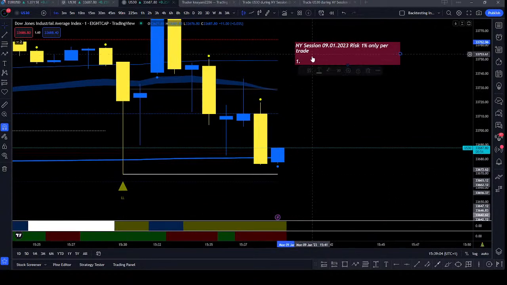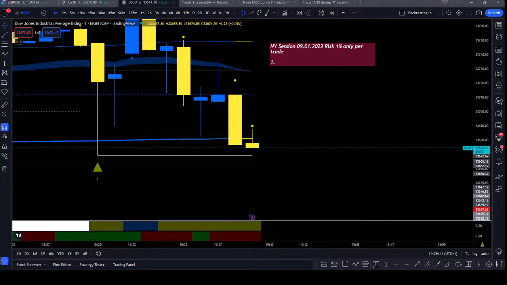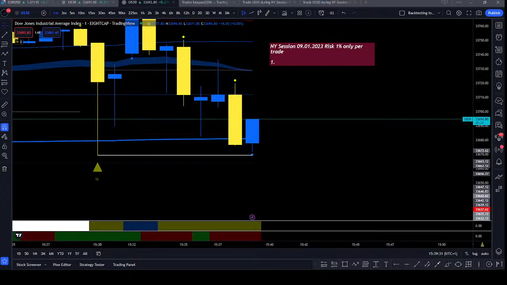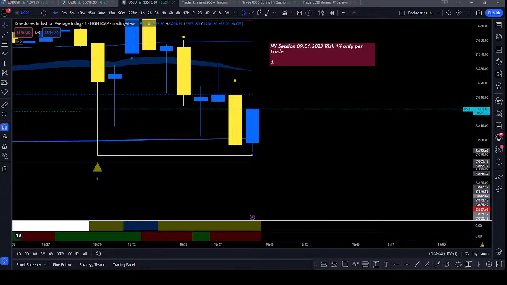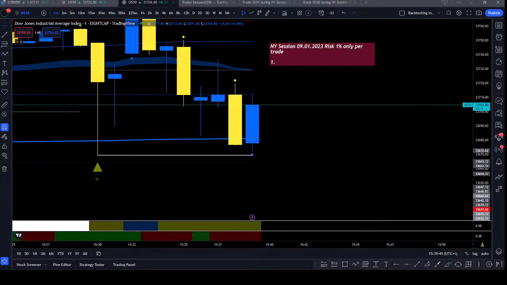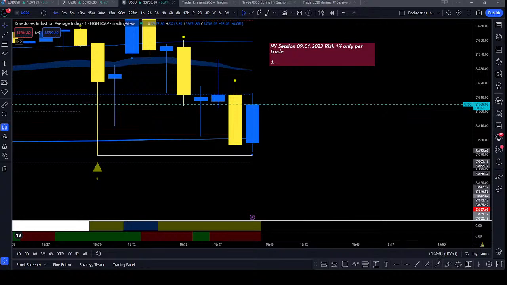So no entry over here. Don't wait yet. No entries.